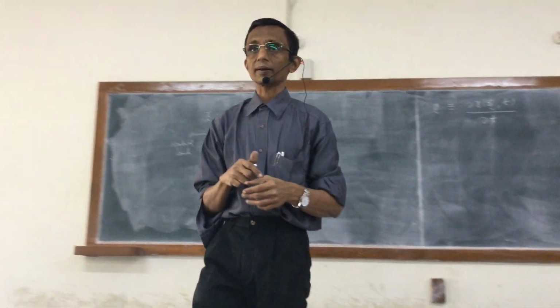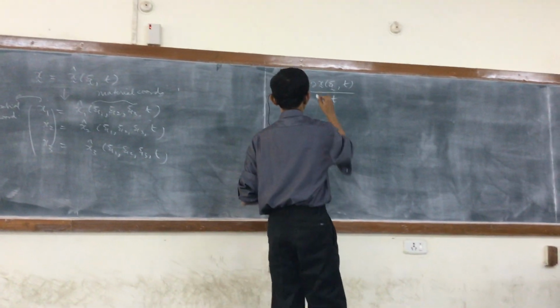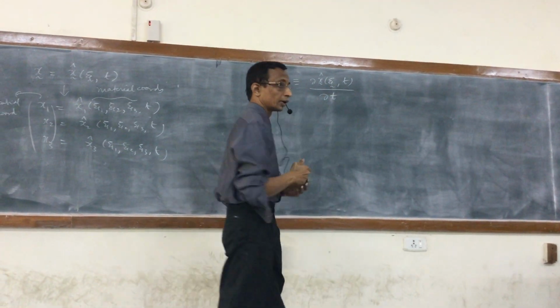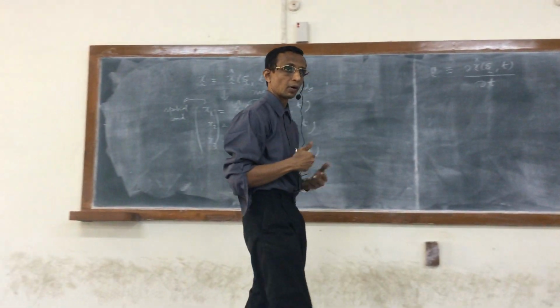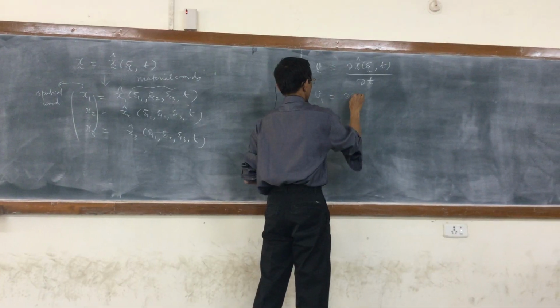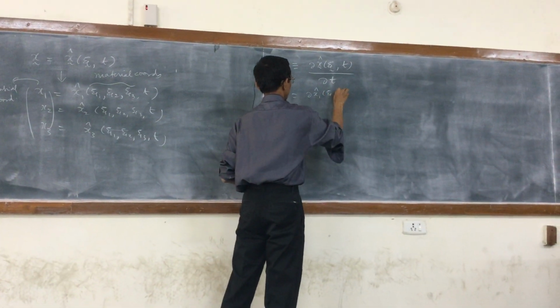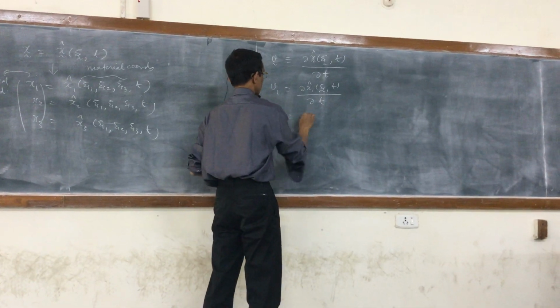Velocity is defined as the time derivative of this function. So, when I put the cap on it. Again, it has three components. So, I won't be writing this component form all the time. So, this is probably the last time I will write this in this detailed manner. You have to understand the notation properly.